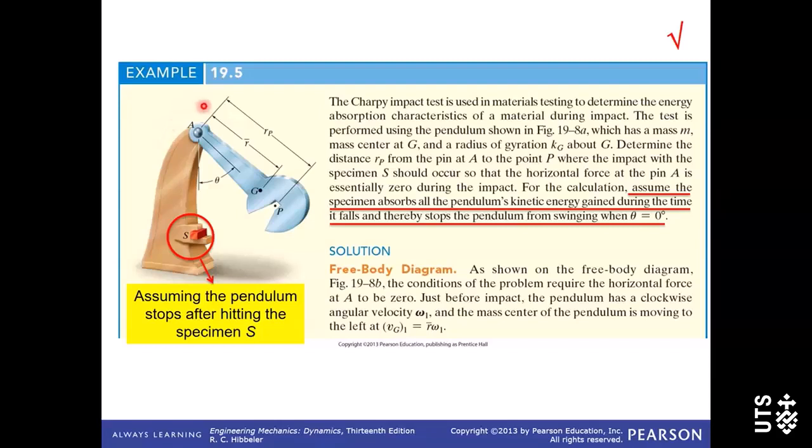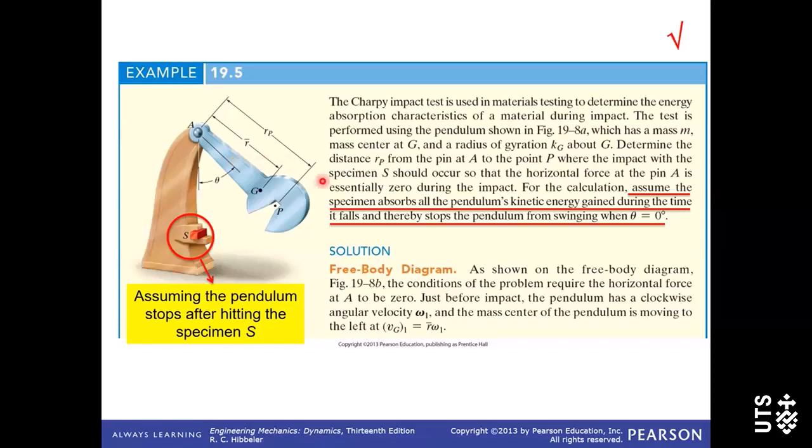So when we design this Charpy test machine, we must make sure the impact at the pin at this point A is 0. In this problem, we already know the distance from the mass center point G of this pendulum to this A. The pinpoint is R bar. This is the distance.